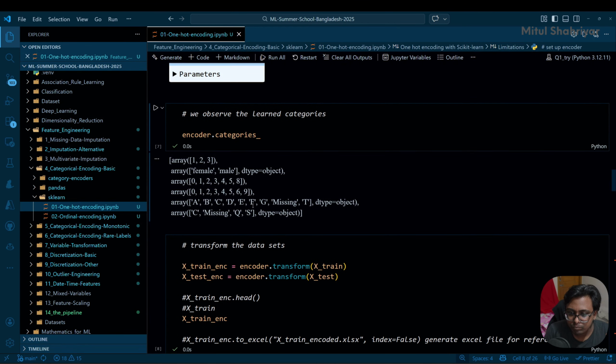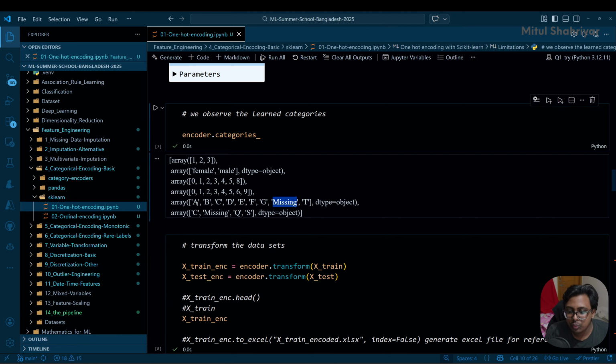Now let's make it clear how many unique labels we have, if you just want to see. So you can see that we have 1, 2, 3, female, male, these things. And these are basically all of the unique labels we had in the six columns for X, P class, sex, and others. You can see here we have a missing column that is unique.